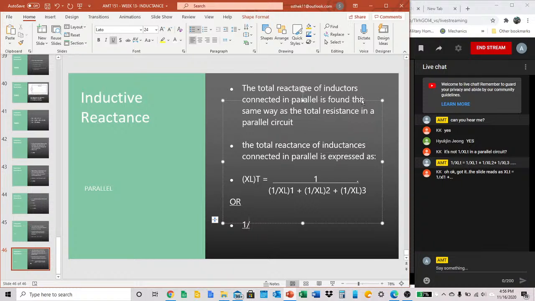Or you will also see it like this: 1 over XL total equals 1 over XL1 plus 1 over XL2 plus 1 over XL3, and so on and so forth. So either one of these equations is going to give you the same answer when you plug in the variables. These are both the same equations, so don't get confused.